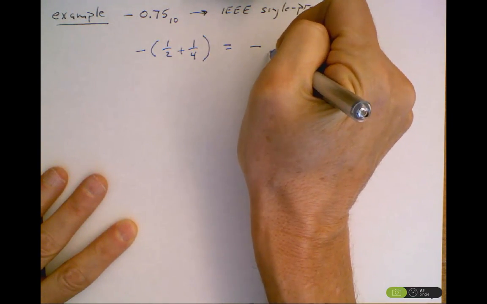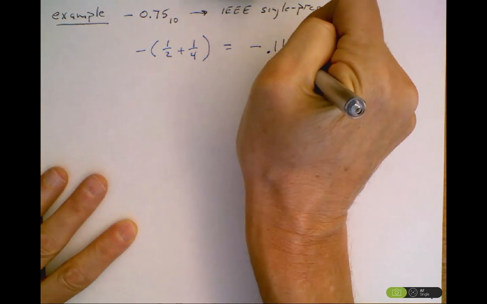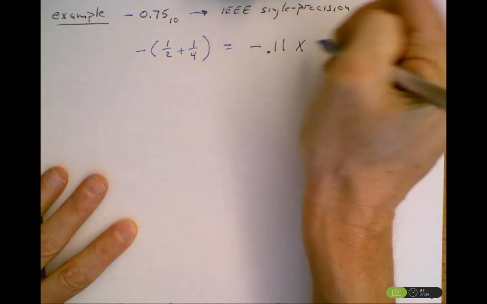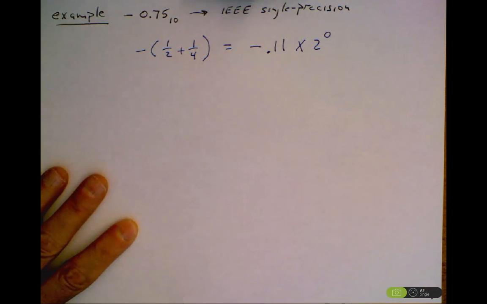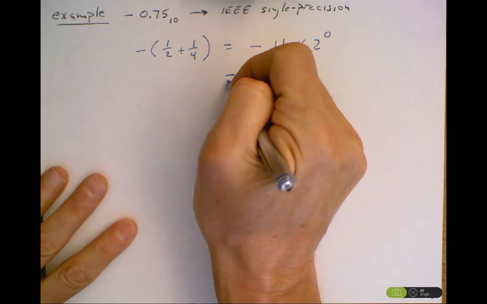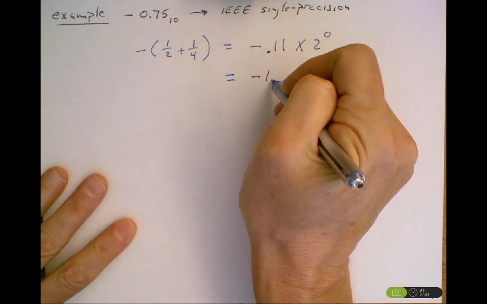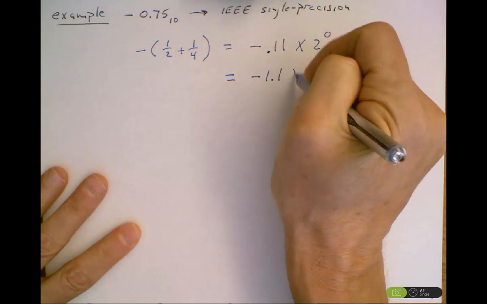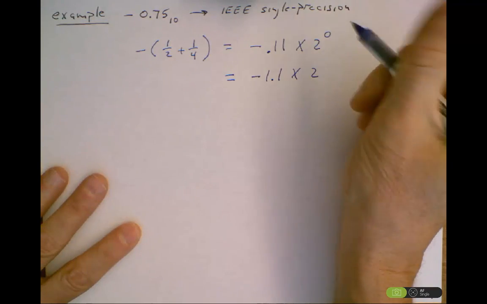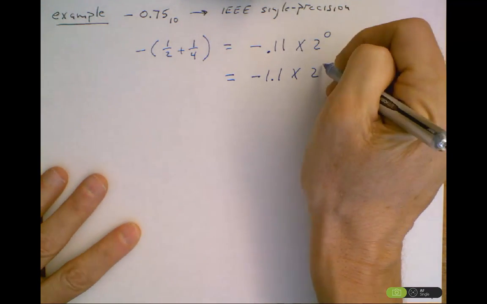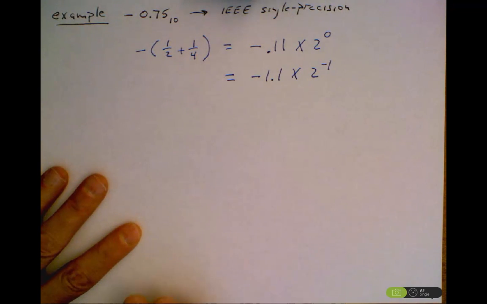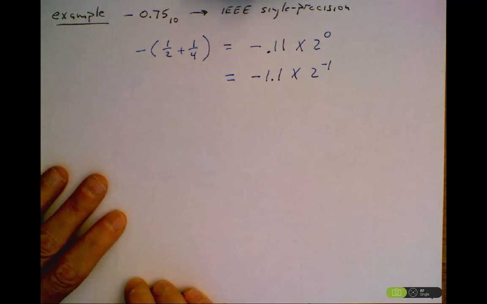That's minus 0.11. And to get an exponent on this, that's assuming an exponent of 0, right? Now that's not in normal form, so I need to get it into normal form before I can actually encode the value. So to normalize that, I've got to shift it left 1 bit position. And since I made the number bigger by shifting left, I've got to compensate by making the exponent smaller.